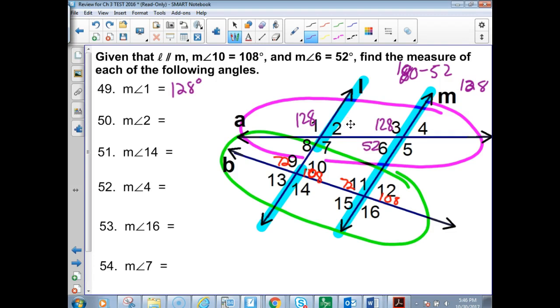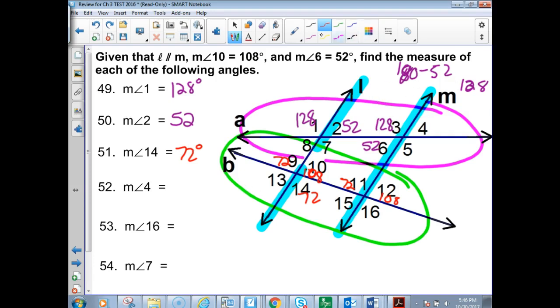Angles 6 and 2 are alternate interiors, which are congruent, so it'd be 52. Angle 14 has to do with the ones down here, so it's going to have to do with that 108 angle. It's going to be 72, because it's a linear pair with angle 10 and vertical with angle 9. Then angle 4, I'm back up here with these numbers again, so I have to be careful what numbers I'm using.